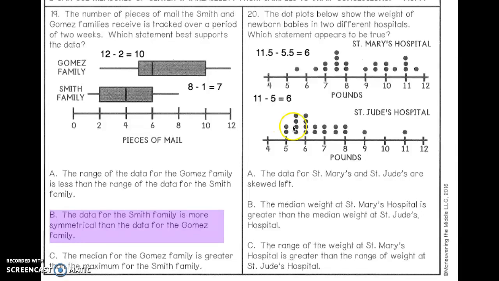And do the same here: 1, 2, 3, 4, 5, 6, 7, 8, 9. So your median would be one of these 6s and one of these 6.5s. If you combine those together and get an average, that'd be about 6.25, which would mean that St. Mary's Hospital, 8.5, is greater than 6.25. So that would be B as your final answer for number 20.